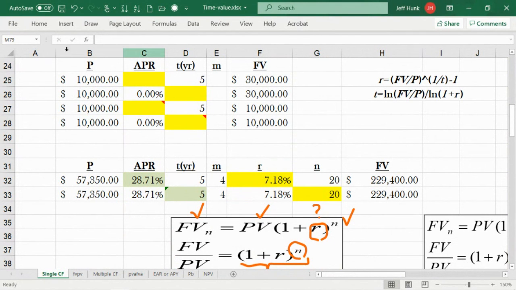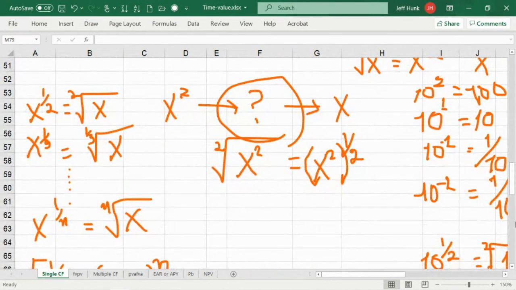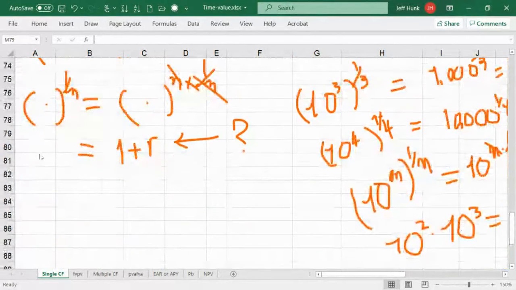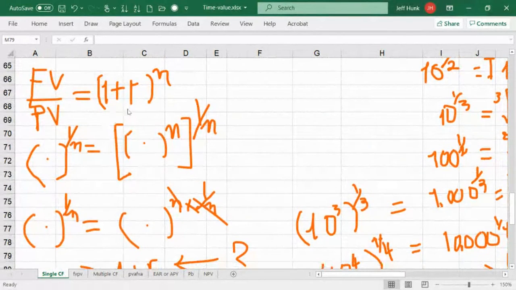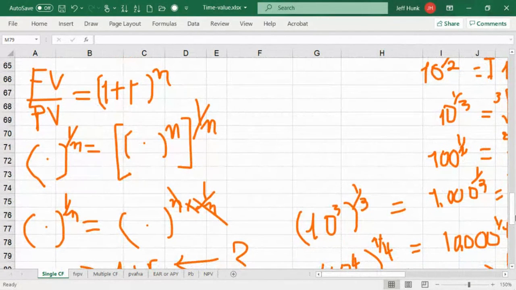So our question is R. That's why we did this, because to solve this equation for R, we had to isolate R, but there was no way we could isolate that R. So what did we do?